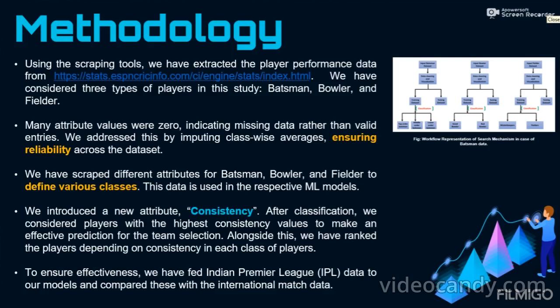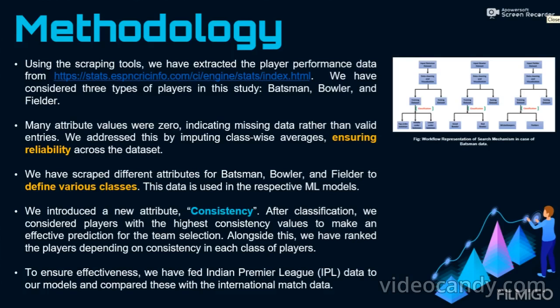Unlike raw stats, this metric penalizes inconsistency and rewards players who perform reliably across different conditions. It helped us identify top performers within each class after classification was complete. Ultimately, the consistency metric played a central role in selecting a balanced, dependable, and competitive playing 11.